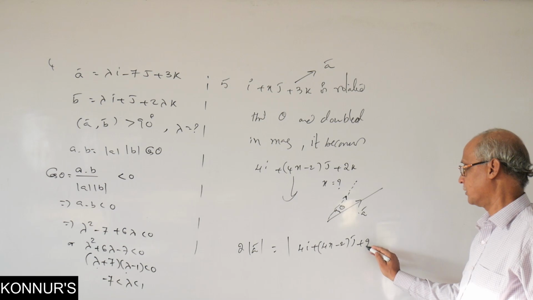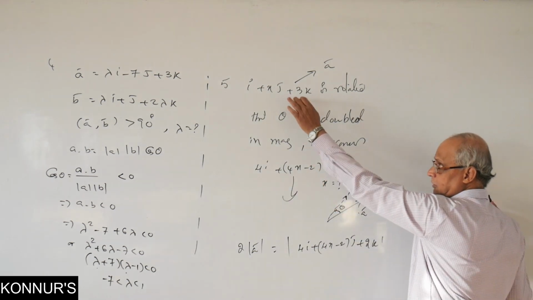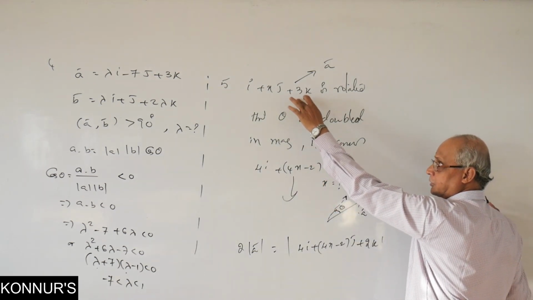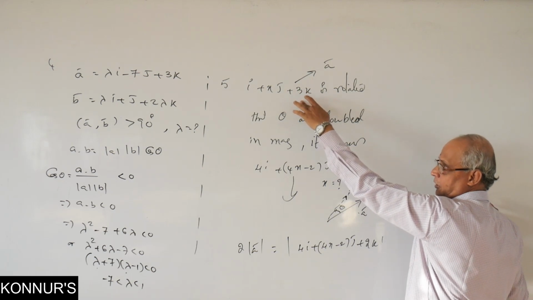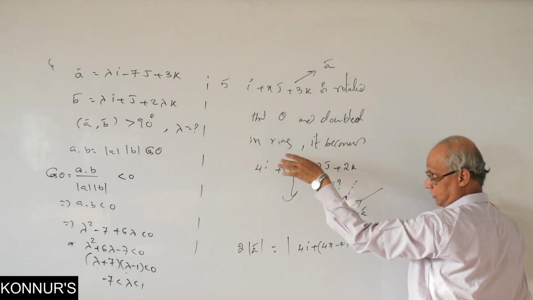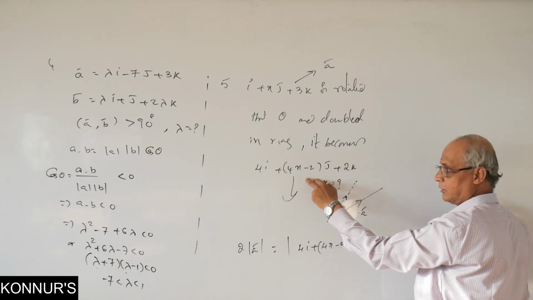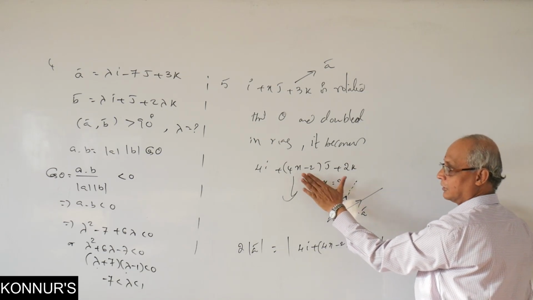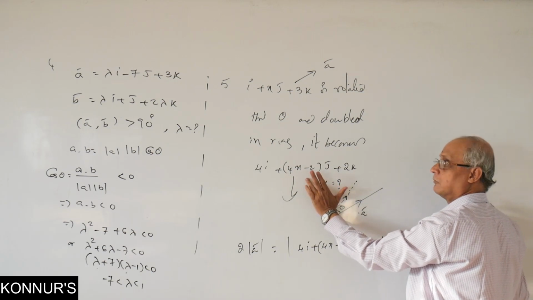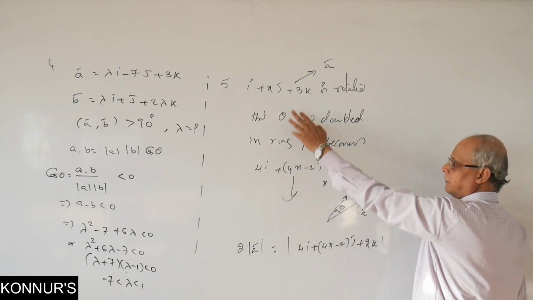Simple. That is the statement we have to understand. That is why I wrote here again lines. This is the initial position, original position. A bar is rotated with an angle theta. It becomes B bar, such that the magnitude of B bar is equal to twice the magnitude of A bar.